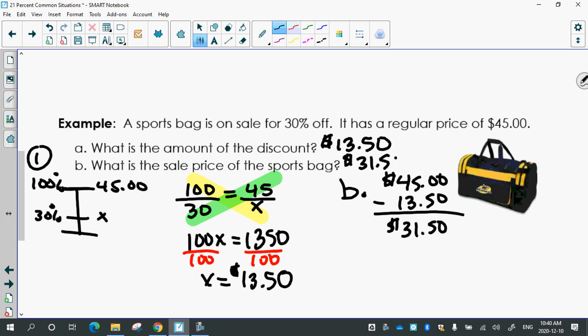And again, make sure you use a dollar sign and then you have a 0 in for the cents. You know, just write $31.5, $31.50. Okay, so make sure the money part makes sense. Any questions about this one?